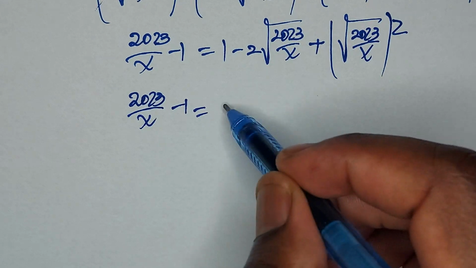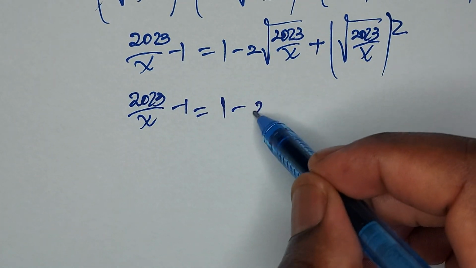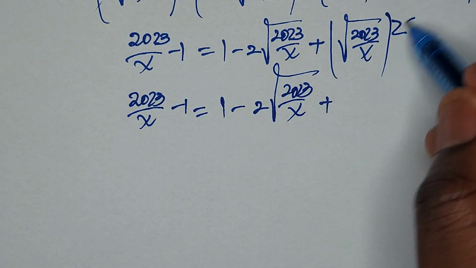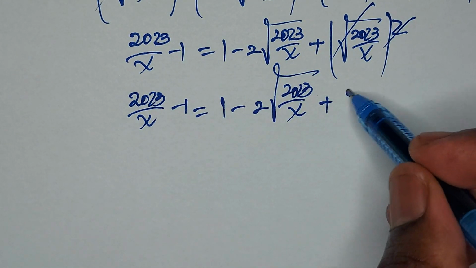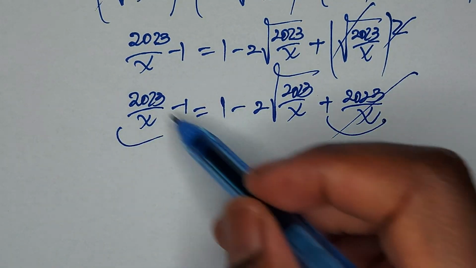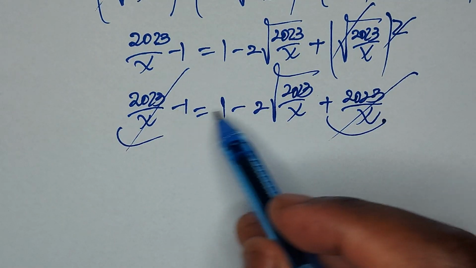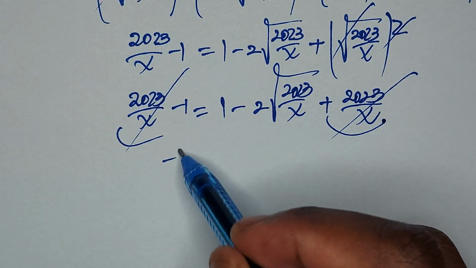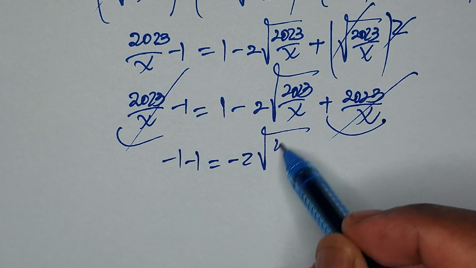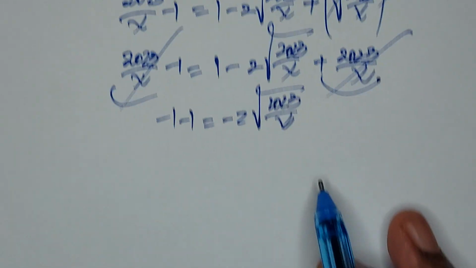So we have 23 over x minus 1 equal to 1 minus 2 square root of 23 over x, plus 23 over x. This one and this one are the same, so we cancel them, and we have minus 1, this comes here, minus 1, it's going to be minus 2 square root of 23 over x.